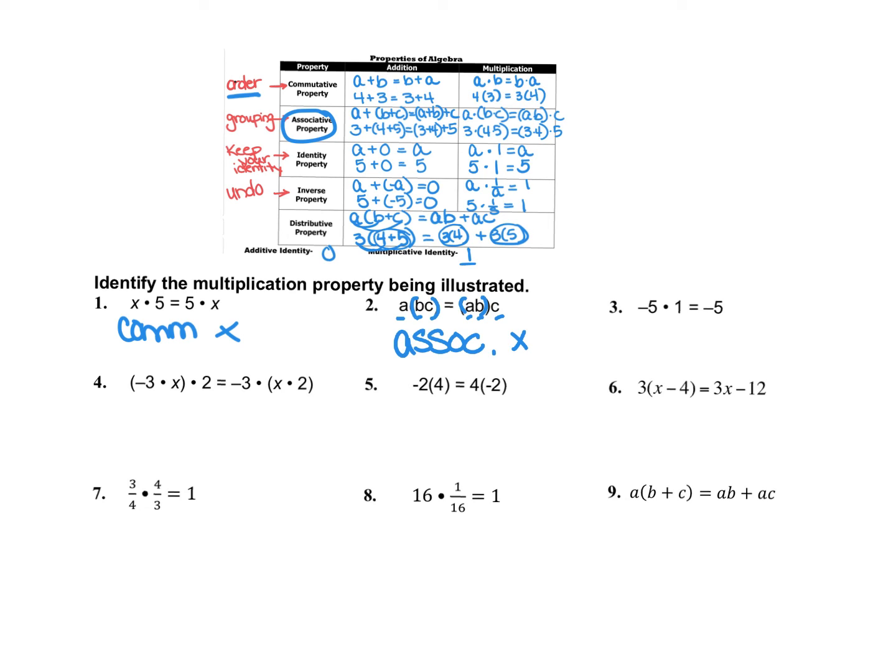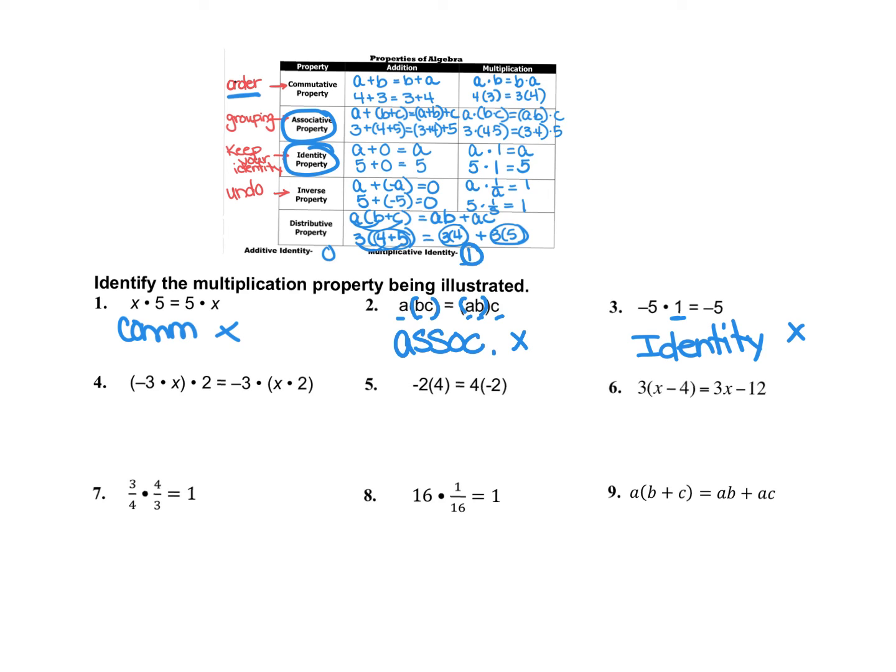All right, number 3, I have -5 times 1 is equal to -5. Notice how I've multiplied this by that multiplicative identity. Because I'm the -5 and I want to remain the -5, so I'm going to multiply myself by 1. And then I can keep my identity. And remember, that's called the identity property, and that's of multiplication.